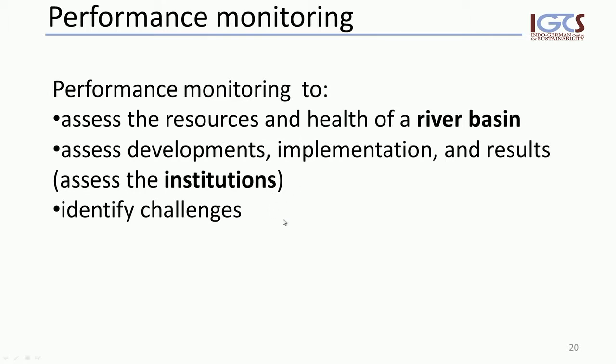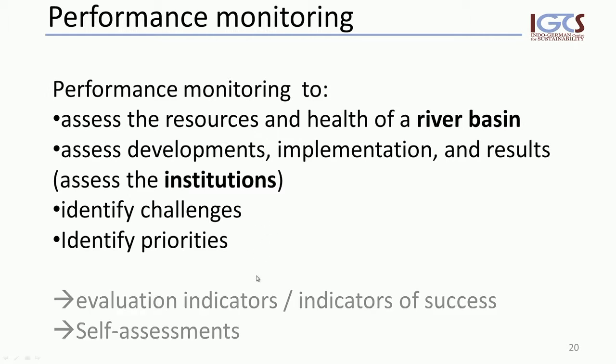We also have to identify new challenges, identify priorities, and have to use those and build them into so-called evaluation indicators, or you can also call them indicators of success.